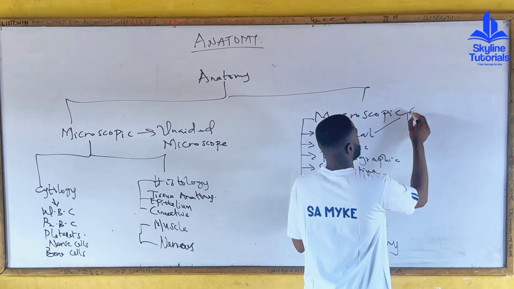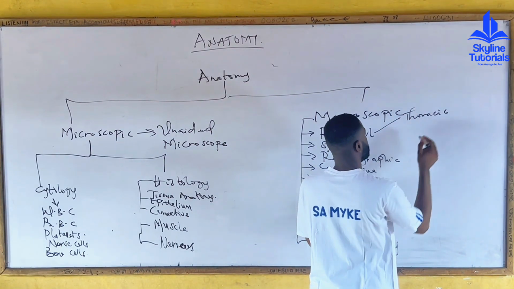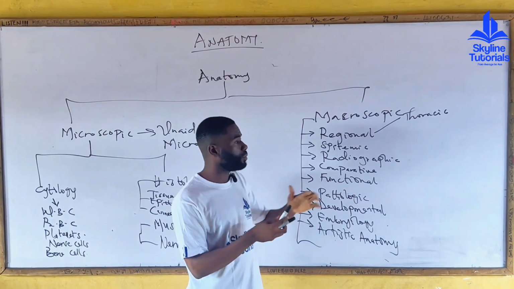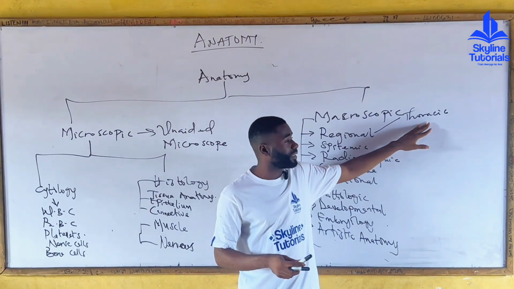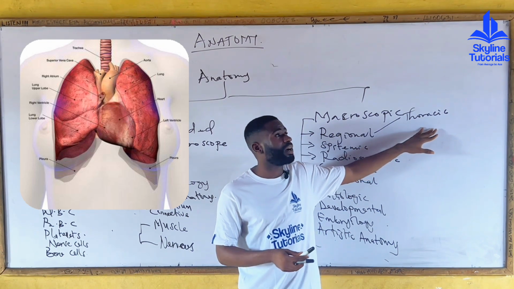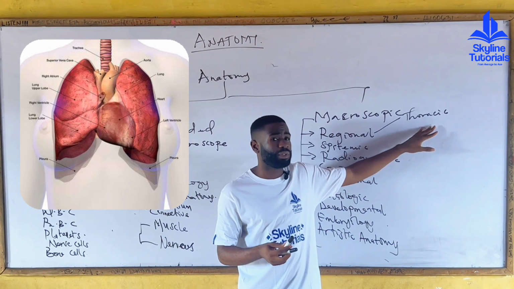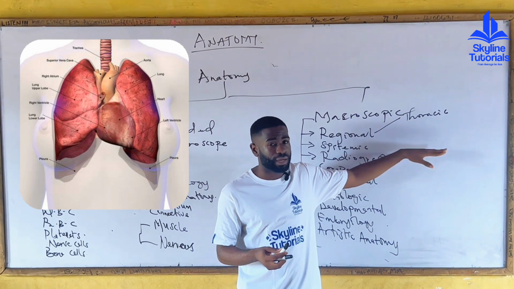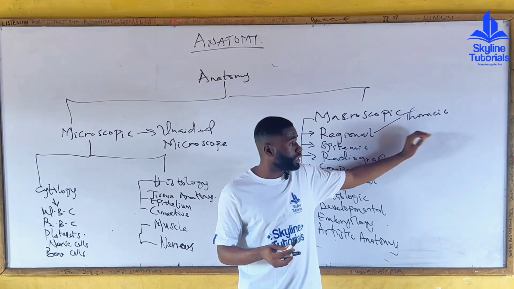For example, the thoracic region, which can also be called the chest region, characterizes different organs like the lungs, the alveoli, and a lot of organs associated with the respiratory and cardiovascular systems, majorly in the chest region.